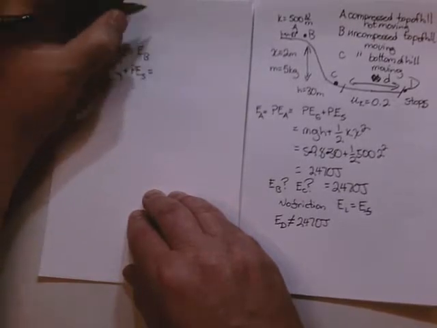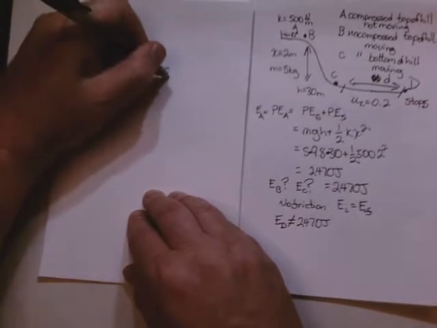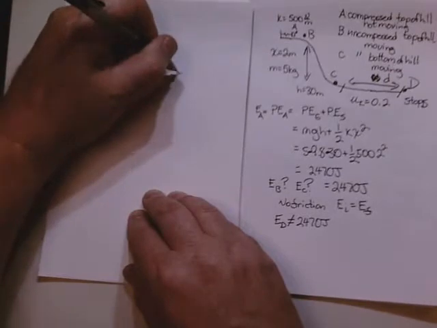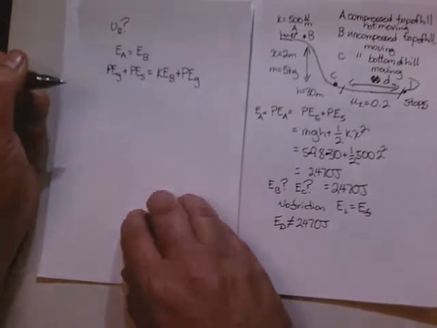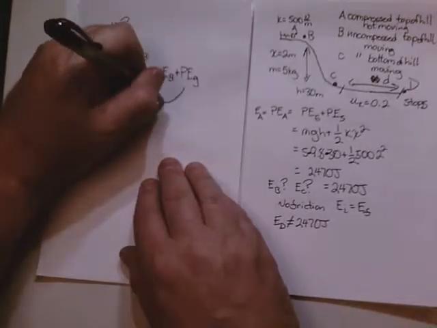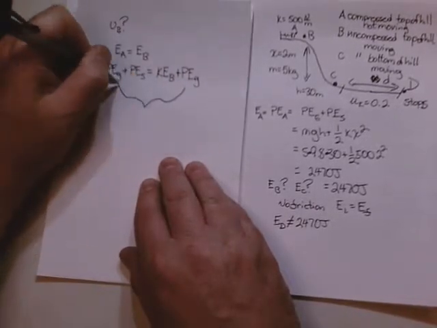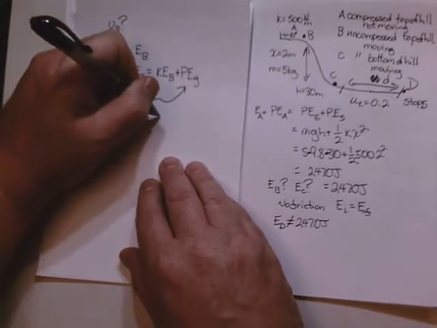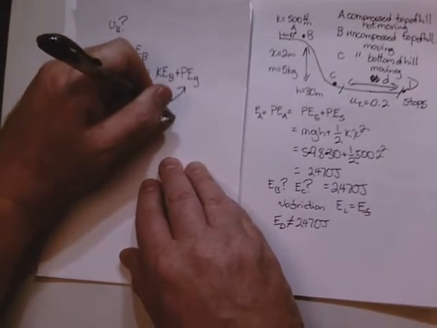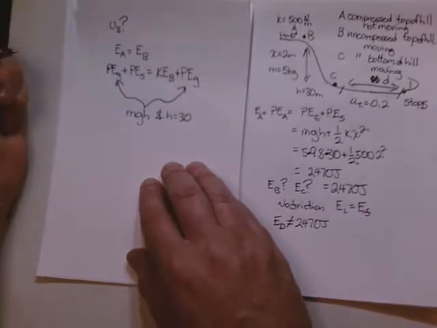The energy at B is the kinetic energy at B plus the potential energy due to gravity. I'm using the same notation. Both of those are mgh, and h in both cases is equal to 30.